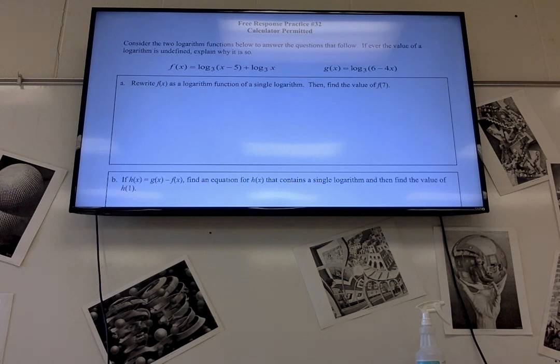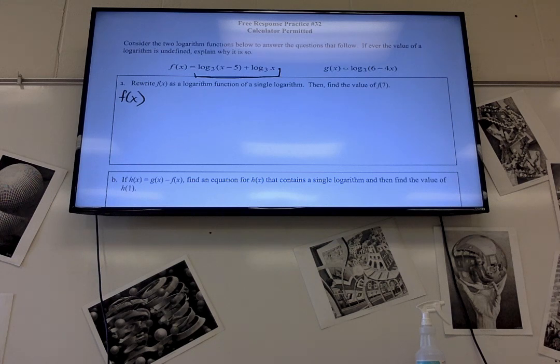So A says, rewrite f of x as a log function of a single logarithm. Then find the value of f of 7. Okay, so we want it as a single logarithm. So what's something I can do with those?